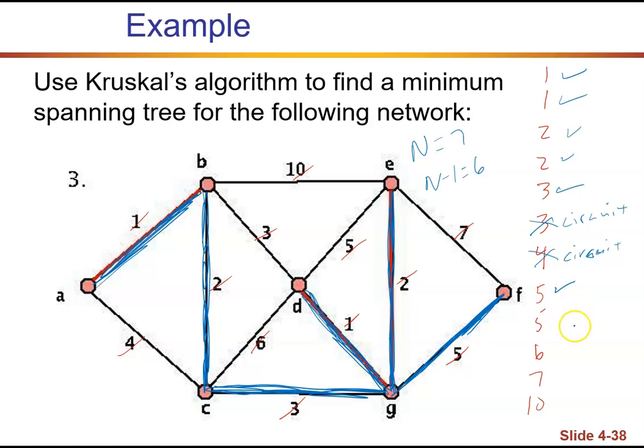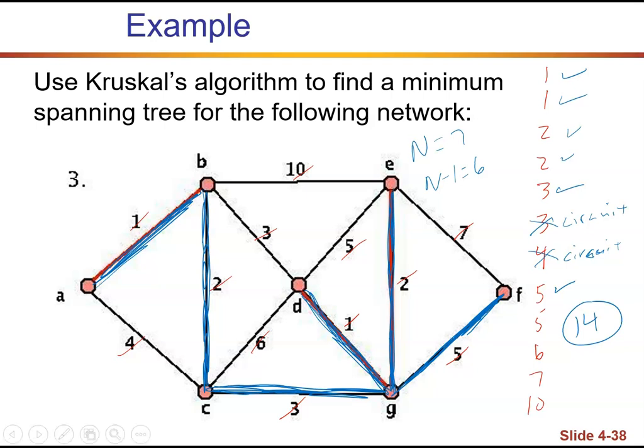And that should give us 14. So that's our minimal spanning tree highlighted here in blue. And then we also have the minimum cost or value, whatever that might be, depending upon what these numbers represent, cost or distance, etc. Okay.